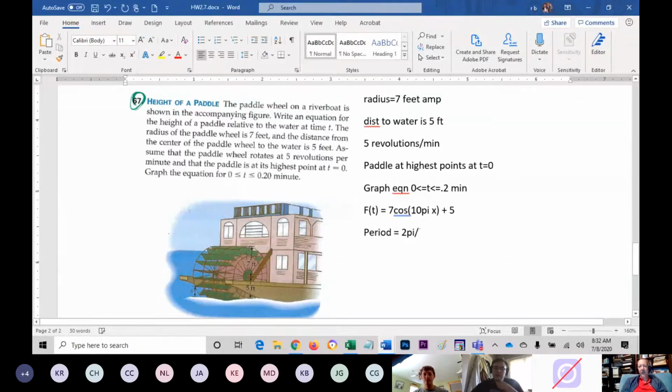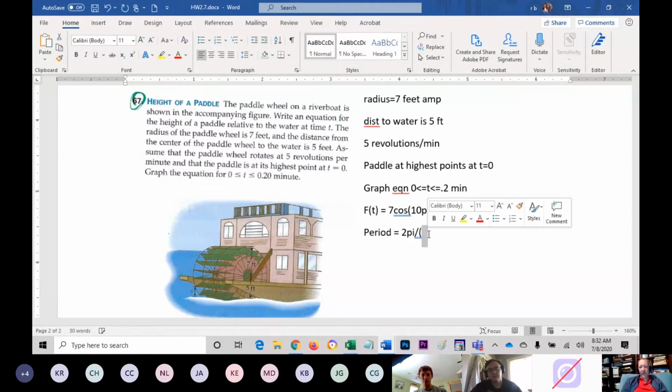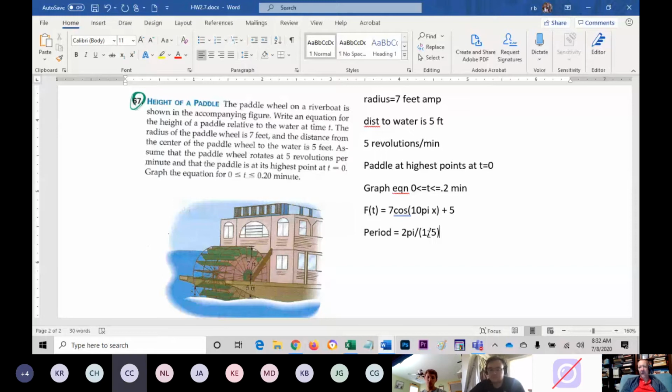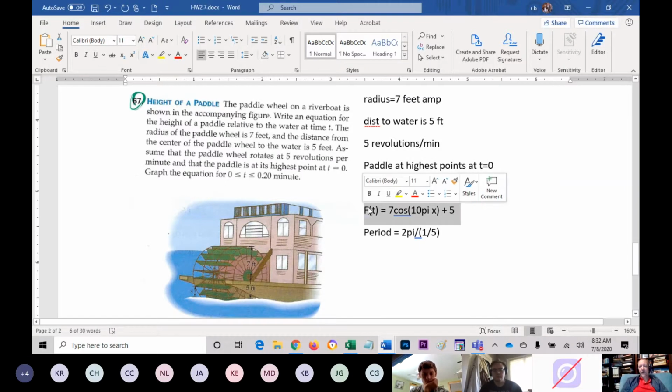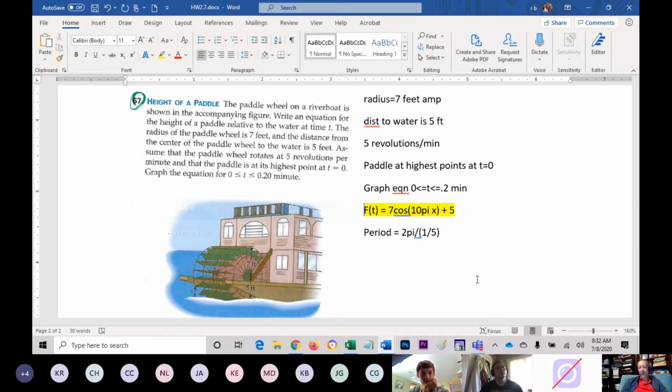Right. So our period is going to be 1/5 of a minute. Does that make sense? Yeah, that makes sense. So there's your answer right there. What else do you guys have?